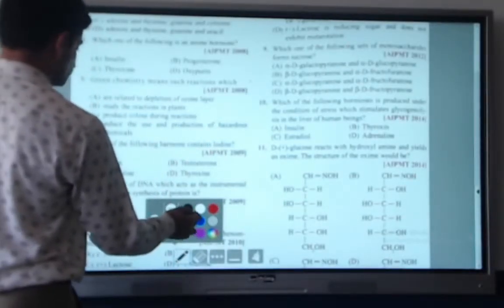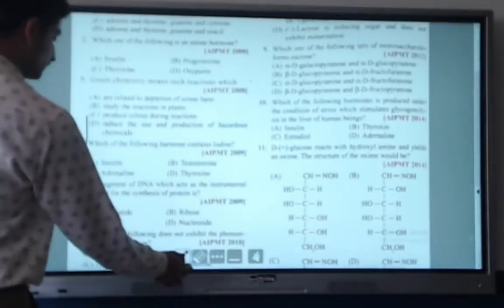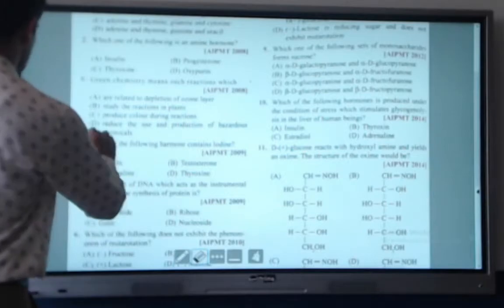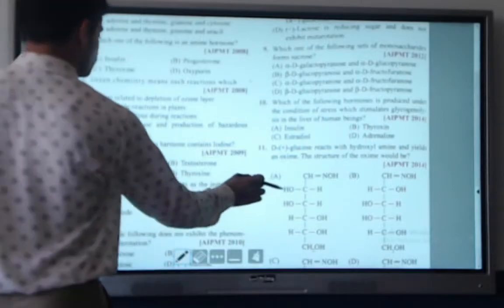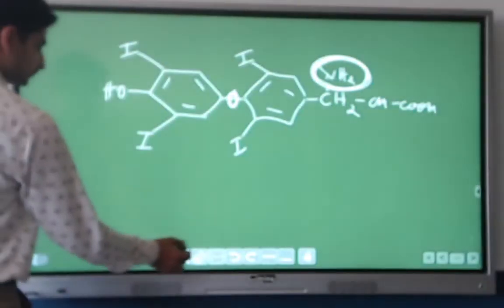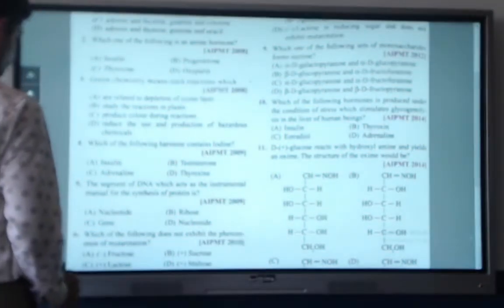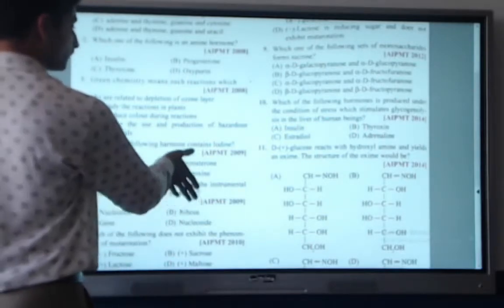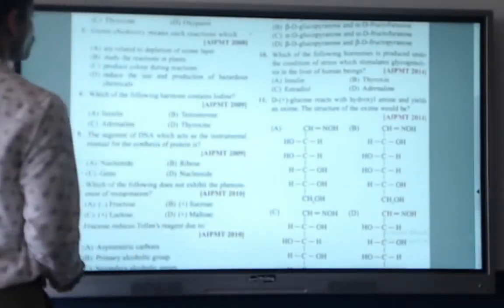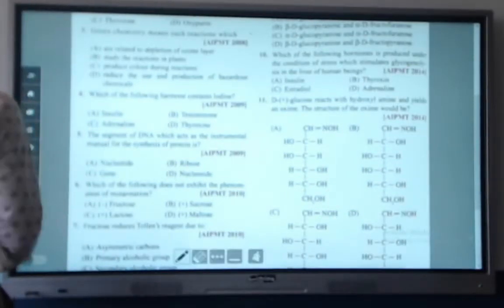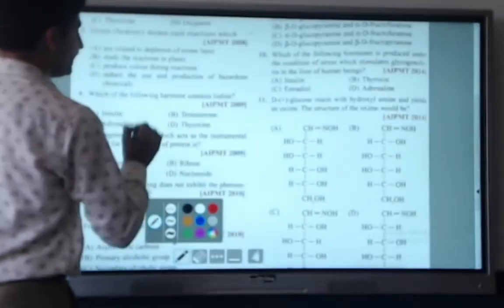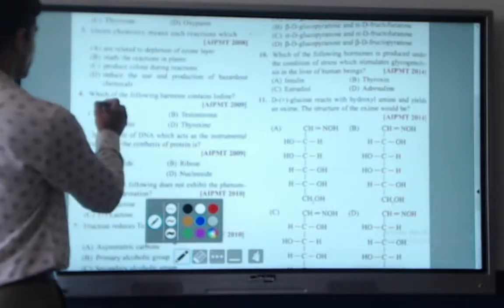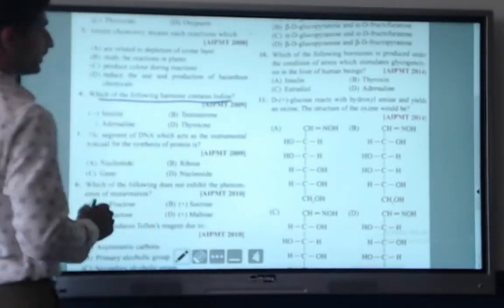Now next question. Which of the following hormones contains iodine?